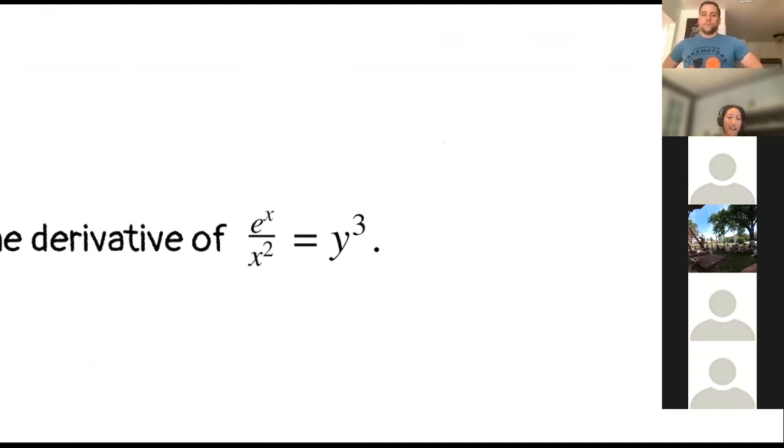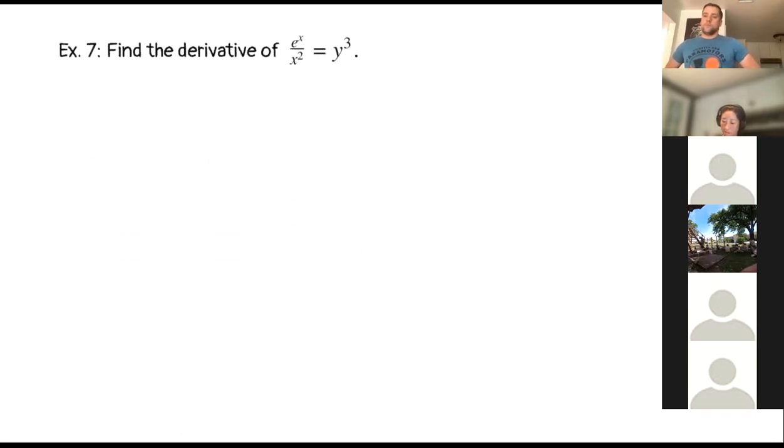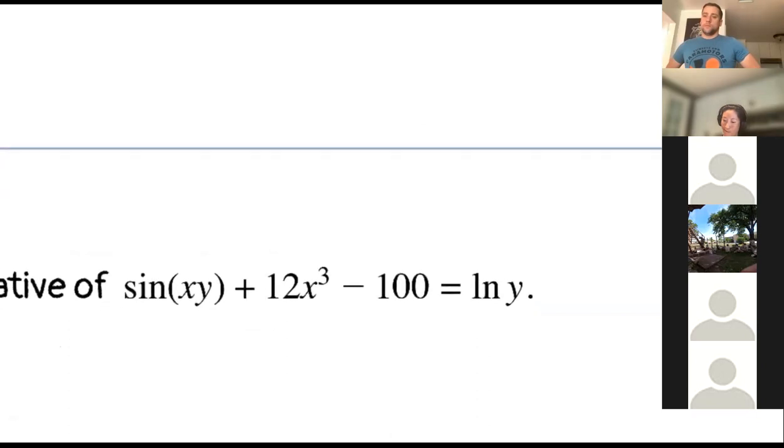But then I'd have to use chain rule, quotient rule, exponentials, power rule. Ooh. Or, ooh, this is a juicy one. It's going to be real hard for us to try and get y by itself, right?